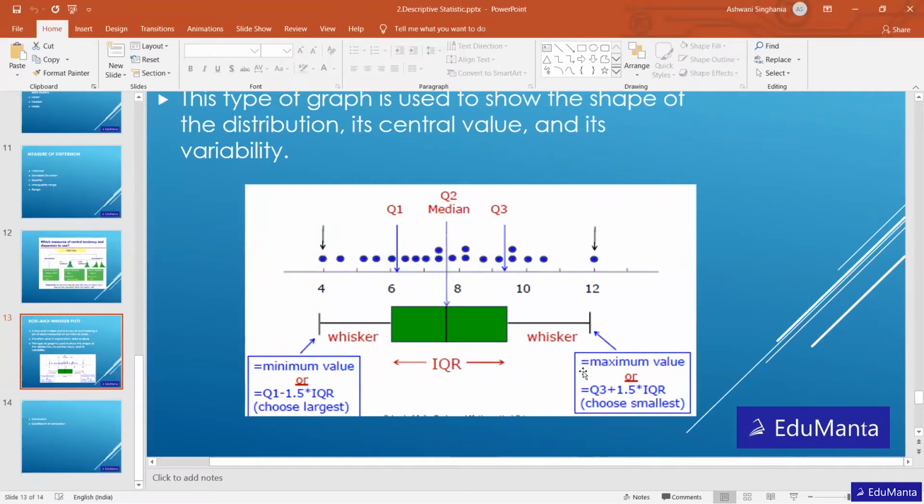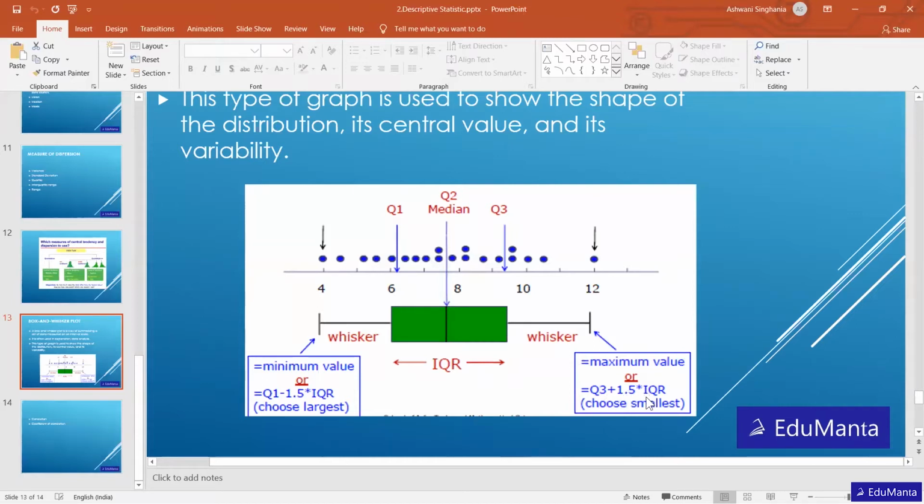In the same way, on the right side, either the maximum value or the value we get by the formula Q3 plus 1.5 multiplied by IQR, that is interquartile range, whichever is the minimum of the two, will be the end of the whisker. So on the left side it is the maximum of the minimum value and Q1 minus 1.5 times the interquartile range, and on the right side the minimum of the maximum value and Q3 plus 1.5 times the interquartile range.